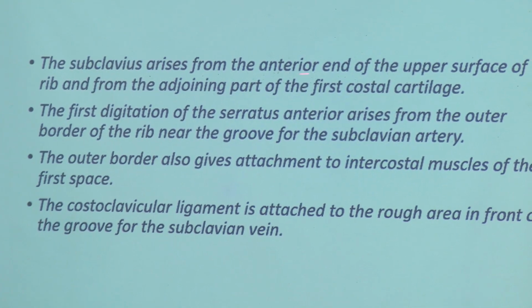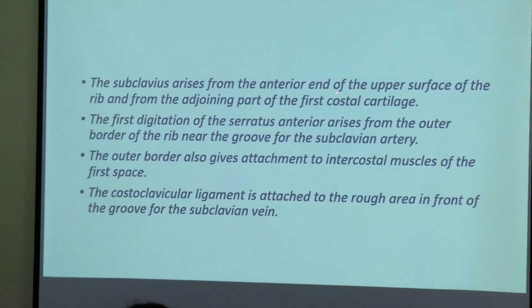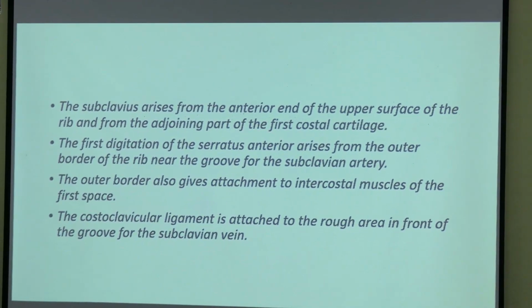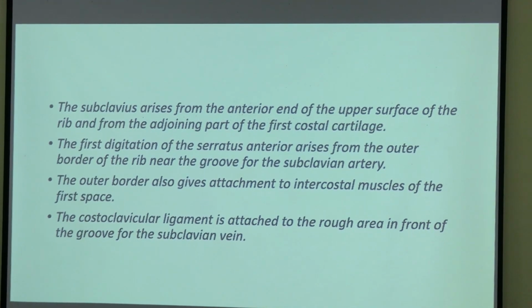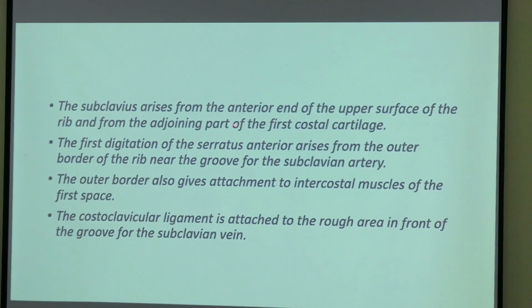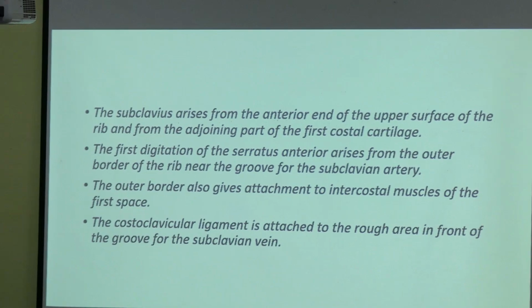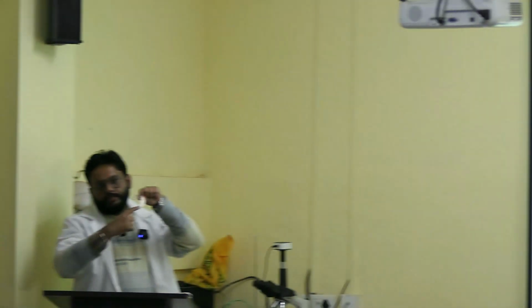The subclavius arises from the anterior end of the upper surface of the rib and from the adjoining part of the first costal cartilage. Obviously, the anterior end of the upper surface of the rib. If this is the upper surface of the rib and this is the anterior end, right? So the subclavius muscle is attached here only.